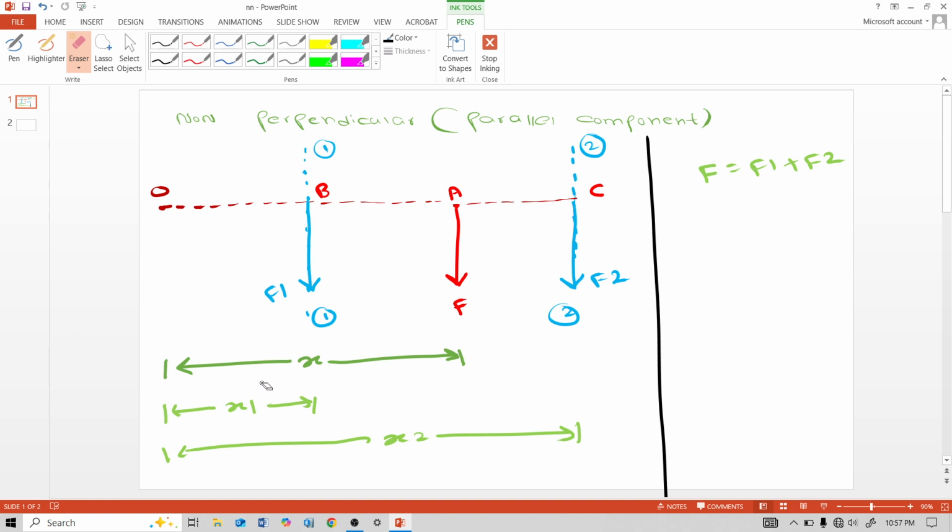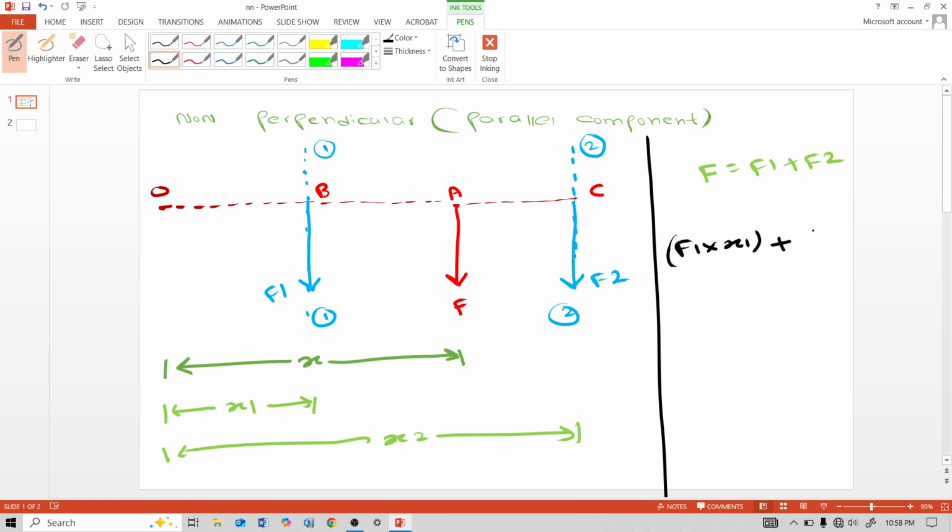See here, this is the x1 distance. So F1 into x1, it is a clockwise rotation, so the force goes around point O in a clockwise manner. That's why it is positive.